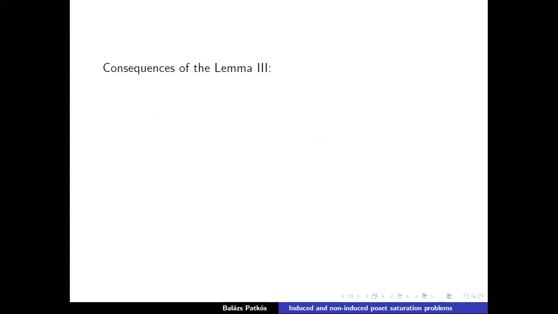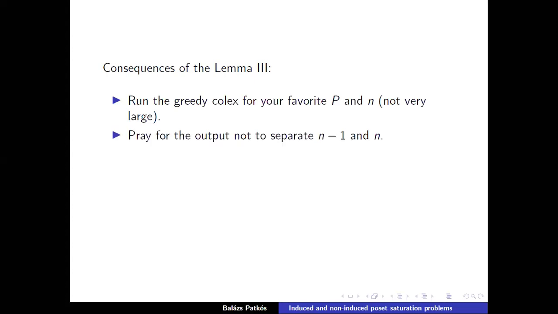Consequence number 3. Now back to the greedy collects process. What one can do is take your favorite poset P and a size for the ground set, hopefully not very large, or if you have a very strong or quick computer, then it can be even larger. Then look at whether the last two elements, n minus 1 and n, are separated or not.